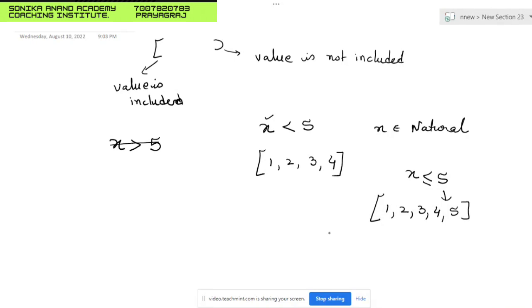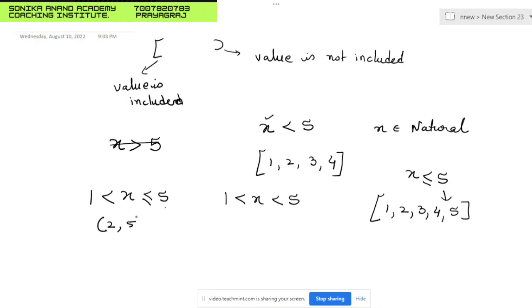If we have data like this, it must be greater than 1 and less than or equal to 5. Here 1 is not included, x must be greater than 1, so we write 2 to 5.